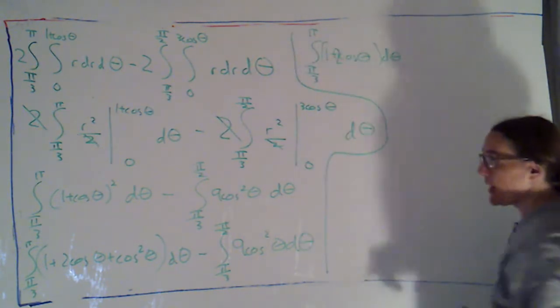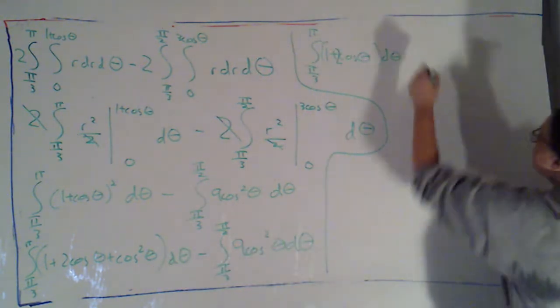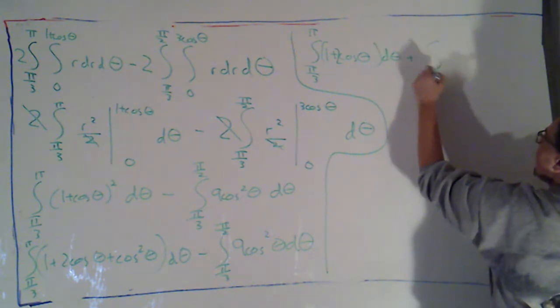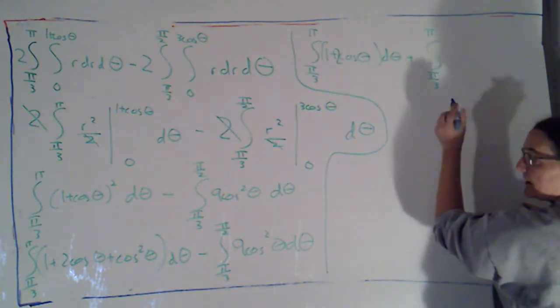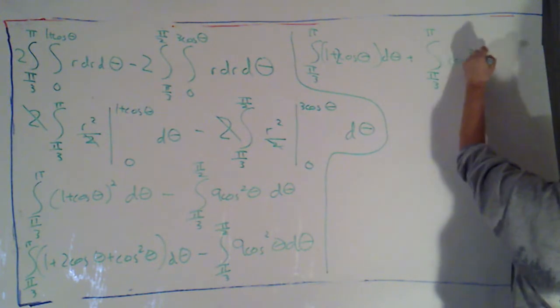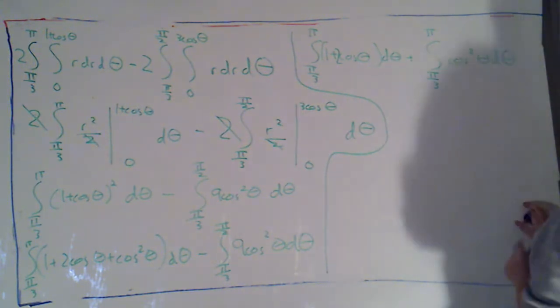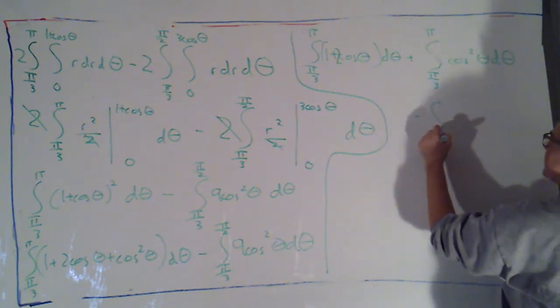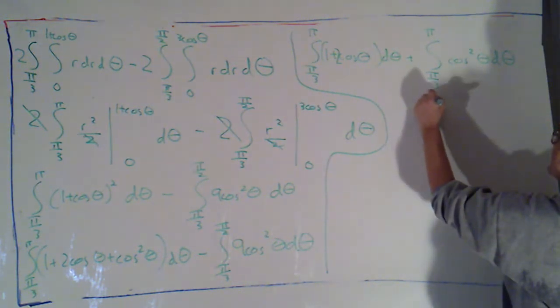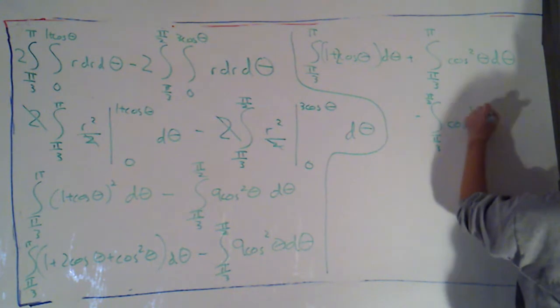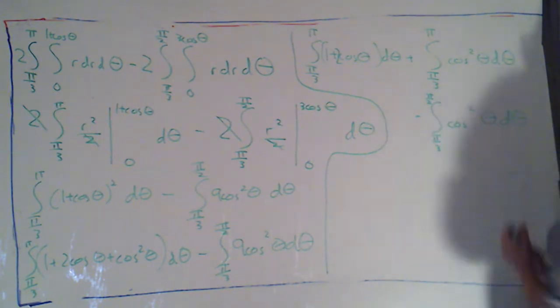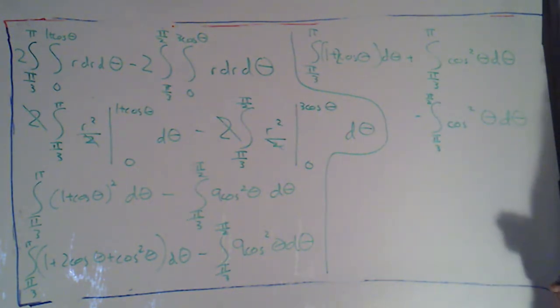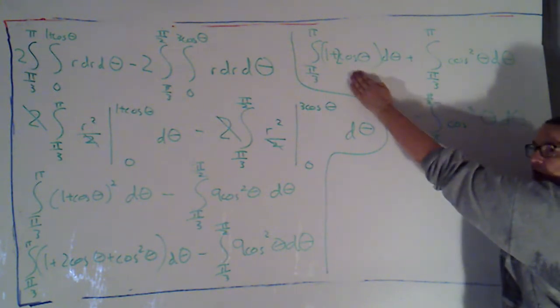That part I can do by inspection, plus the integral from pi over 3 to pi of cosine squared theta d theta. Then I'm subtracting the integral from pi over 3 to pi over 2 of cosine squared theta d theta. Okay. So I've got this piece which I can do by inspection.